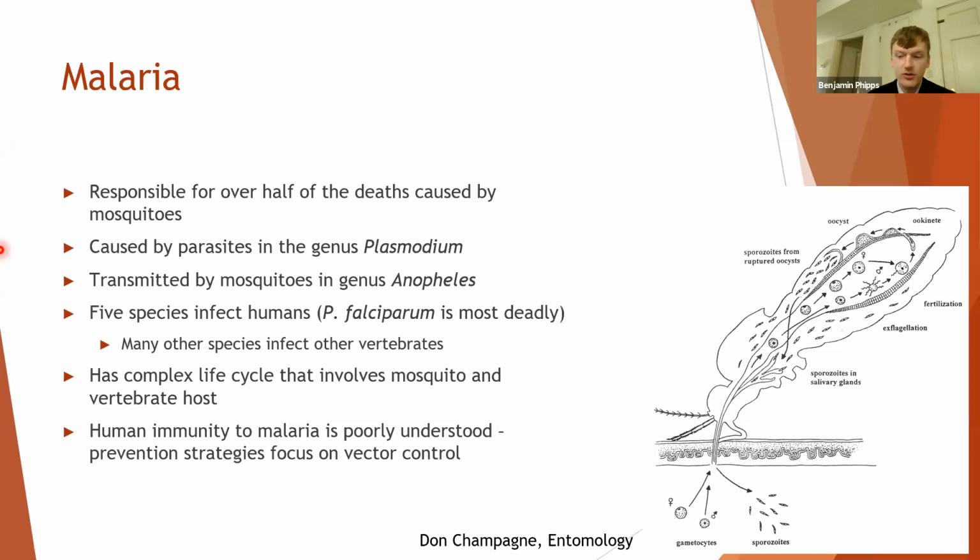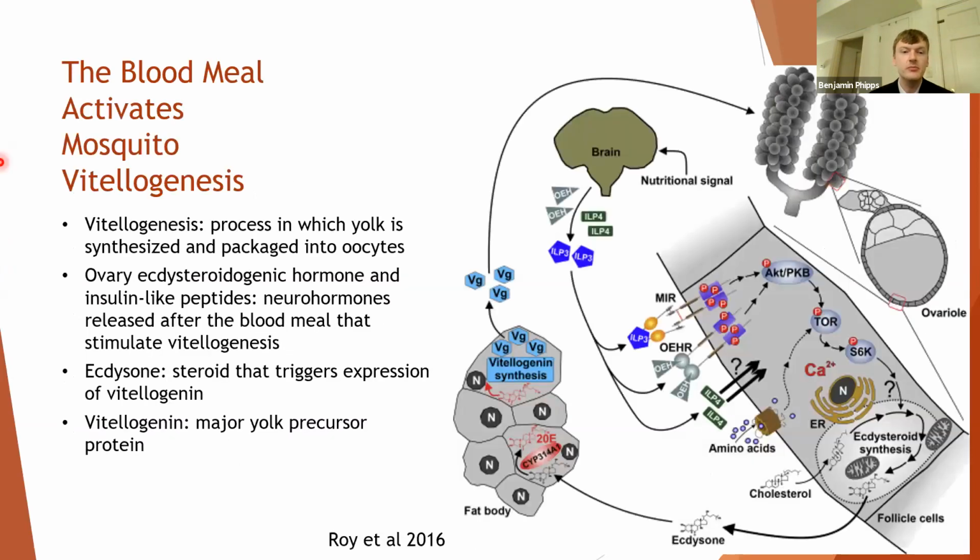Several of the most important targets are within this process called vitellogenesis, which is the synthesis of yolk and packaging of that yolk into oocytes.